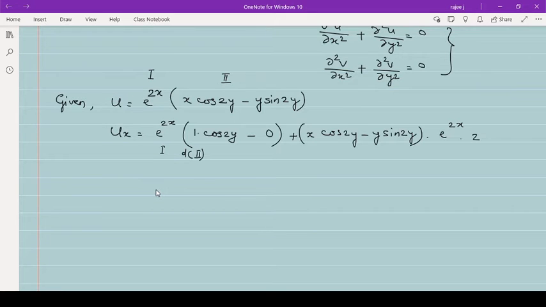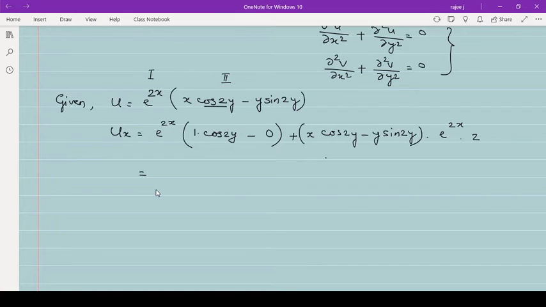I hope you understood this. What we did here is u into dv by dx, first into derivative of second, plus second v into du by dx. This complete function is first into derivative of second, plus second function into derivative of first. Now just do a bit of simplification.